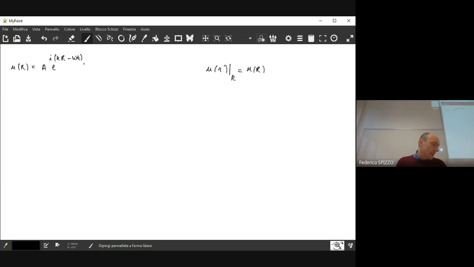Then, since we have to describe the motion of one ion in 3 dimensions, in free space, the motion may take place along a specific direction. So here we put E, that is a vector and represents the direction of oscillation.